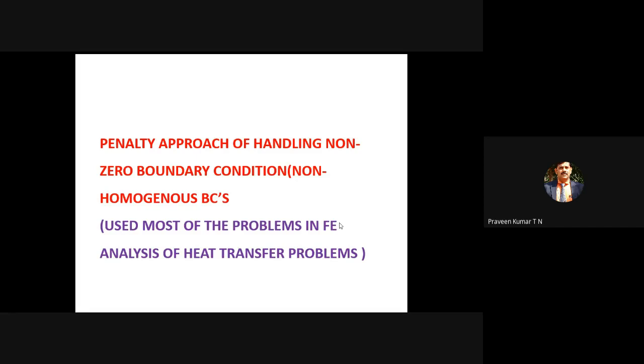In heat transfer, the applied boundary conditions are where at a certain point we know the temperature. Imagine a steel rod is heated, and we keep a thermocouple at one end of the rod. I think you have conducted some experiment in the metrology and measurement lab. At one end of the rod, the temperature is known.